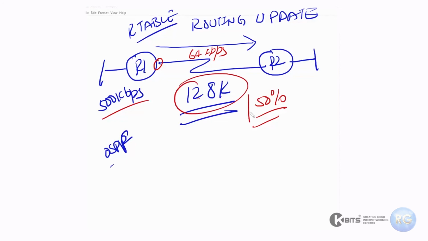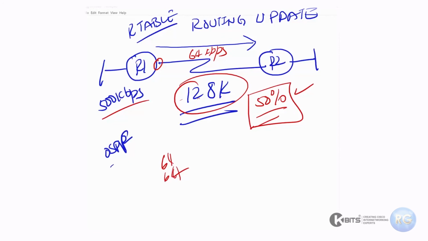The default is 50%. So the bandwidth percent that EIGRP will utilize on a link, self-policing itself, is 50%. So it's going to send 64, 64, and so on until it finishes. Does that make sense? Can you change that percent from 50% to something else? You can. But the default is 50%.